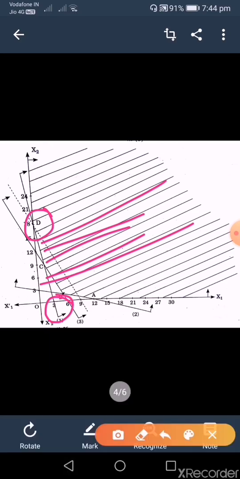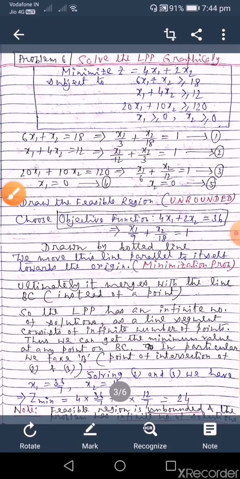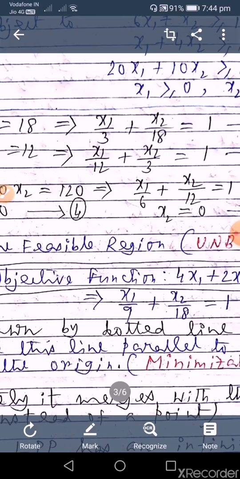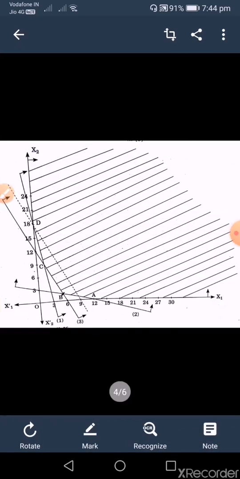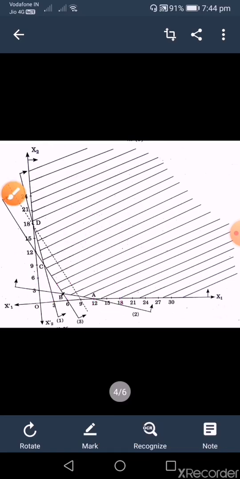For the next one, this is equation number 2. It will pass through (12, 0), (0, 3) away from origin. This is (12, 0), this is (0, 3), and the portion it will cover is away from origin.